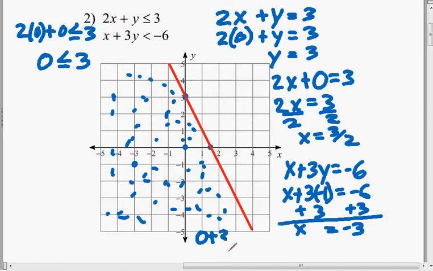X equals 0. 0 plus 3y equals negative 6. I divide both sides by 3. Y equals, write it over here. Y equals negative 2.